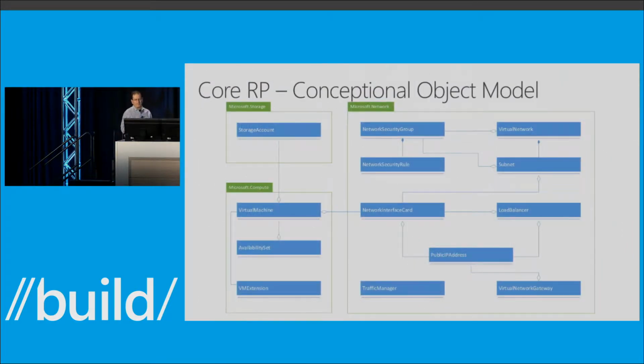Here's a basic object model, and this is a simplified version of the objects, the resources, if you will, in our model here. There's a relationship between the storage side, compute side, and networking. But look at the networking side for a second here. The basic concept is, on the right-hand side, you see the virtual network. This is the resource in which your applications run, basically.